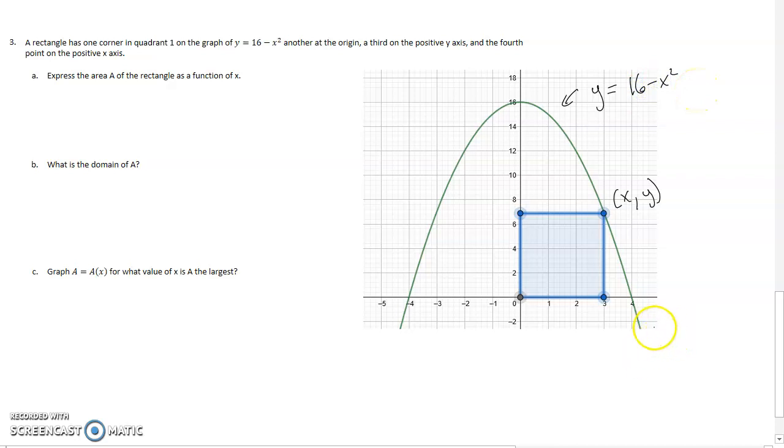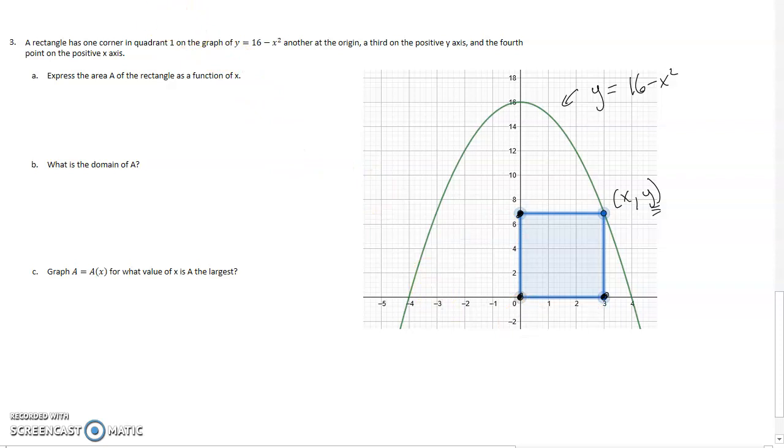So to find this y value, we would just take this x, whatever it is, and plug it in. It also says another point at the origin, so that's why we got this one down here. It says a third on the positive y-axis, there's that point right there, and then a fourth on the positive x-axis. So these are those points.